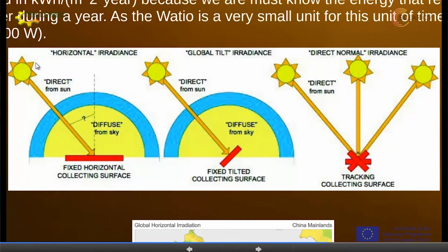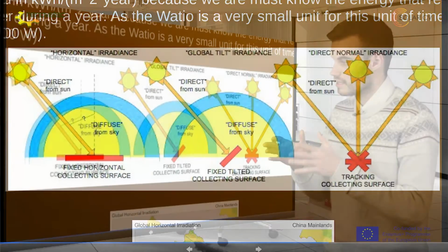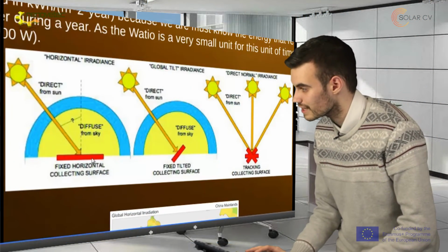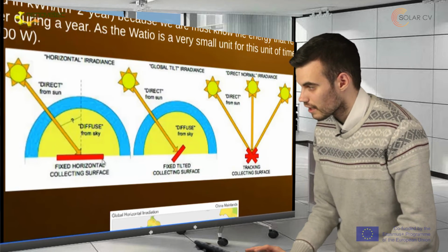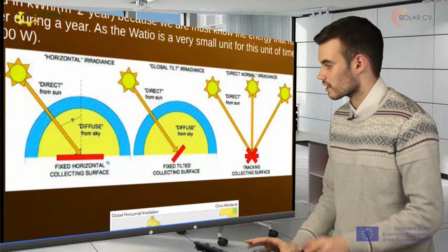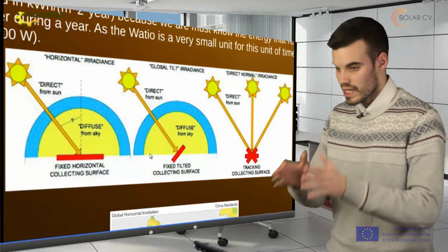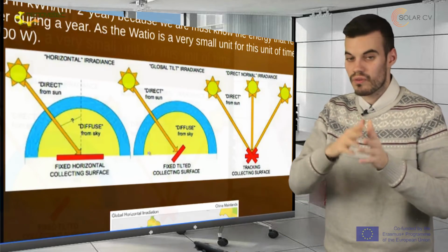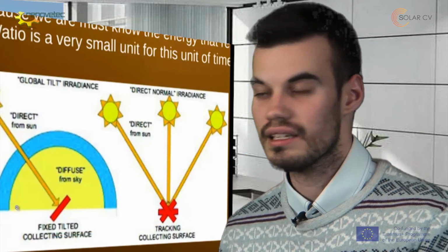Here we can see this concept perfectly because we have the radiation, and here we are defining an irradiation because this area has, for example, 2 meter square, 3 meter square. And if we translate this for a year, we are going to obtain the irradiation.